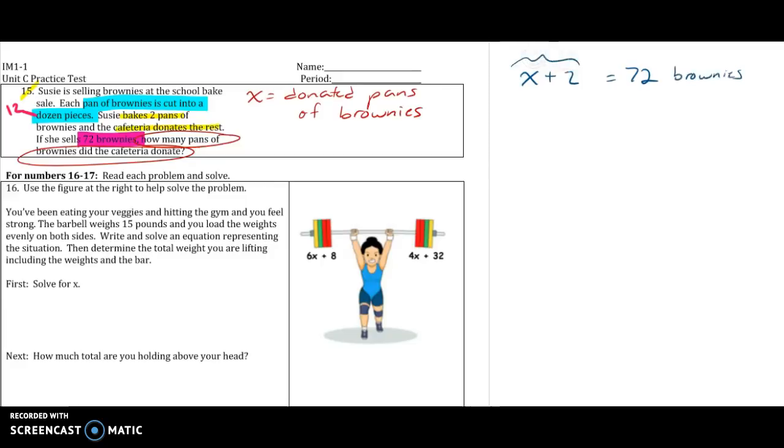But these are pans. She'd want to get them all to equal brownies.